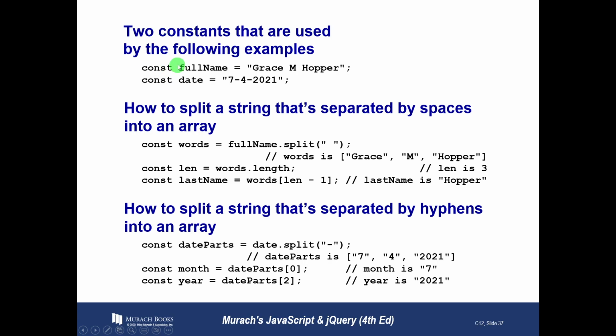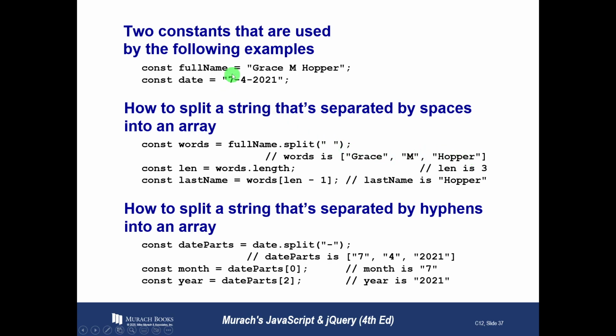We have some constants we're going to be using in these examples. We have fullName, which is Grace M. Hopper, and we have a date, which is 7-4-2021. So if we take this fullName, Grace M. Hopper, and we say fullName dot split, and in here we tell it we want to split on the space, we end up with an array called words that contains Grace as a string, M as a string, and Hopper as a string.